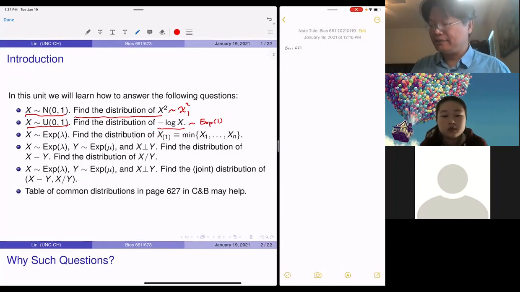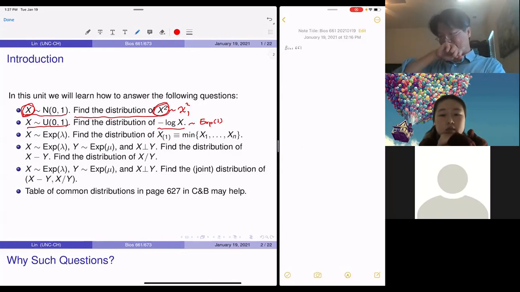It's really nothing but you have an original PDF, then I apply some function on that original PDF. For example, X squared is applying a square function on X to become X squared.